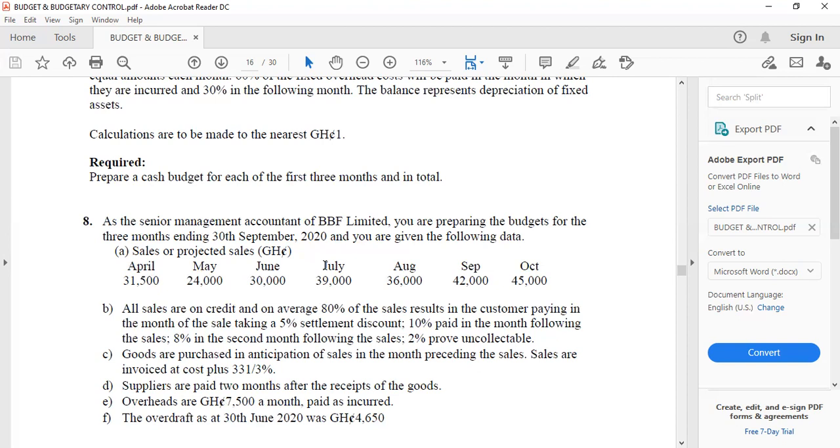Someone can also say that it's not 75%. The discount will not be taken on all the sales. The discount will be taken on the portion that the customers are paying for. Should I come again? Yes. 80% represents what? April. What is the value of the 80%?